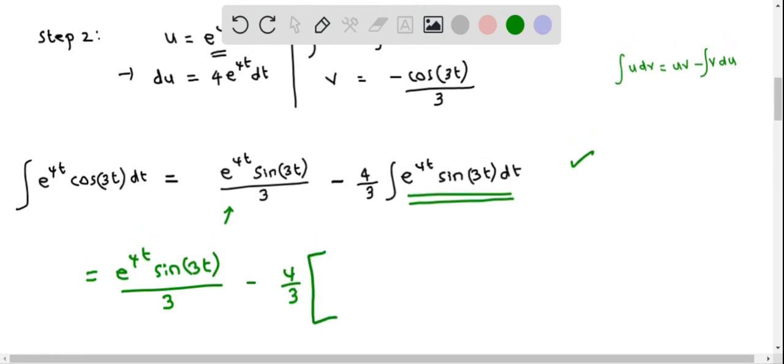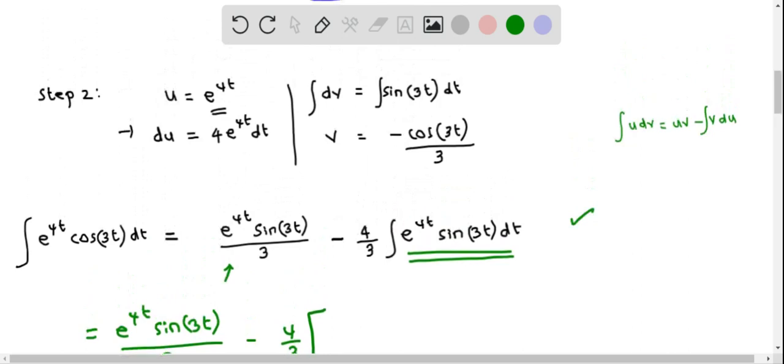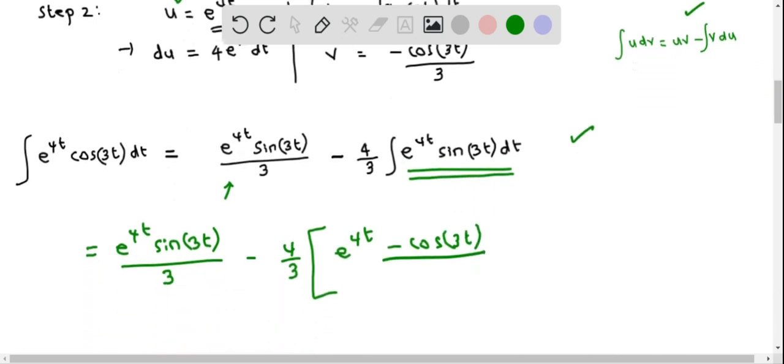And now I'm going to apply this integration by parts formula a second time. So it's basically the formula. We will replace this formula, that is u times v, which is e raised to the power of 4t times v, which is negative cos of 3t over 3. This is a factor.